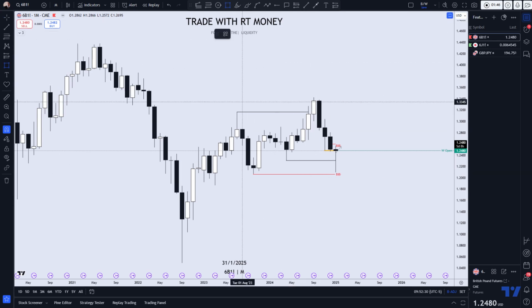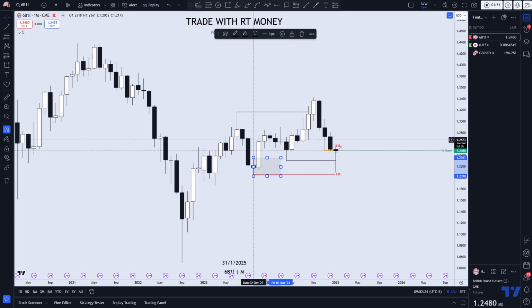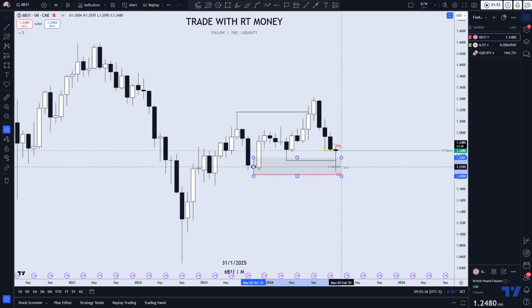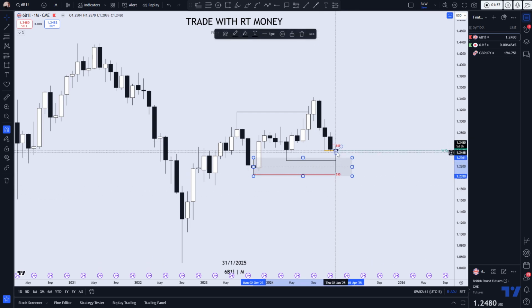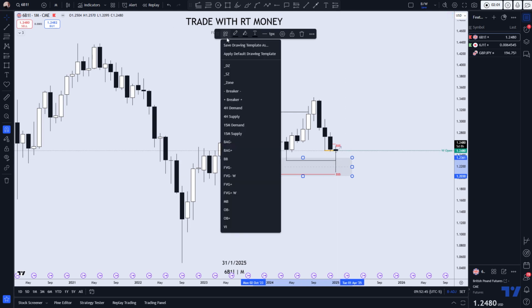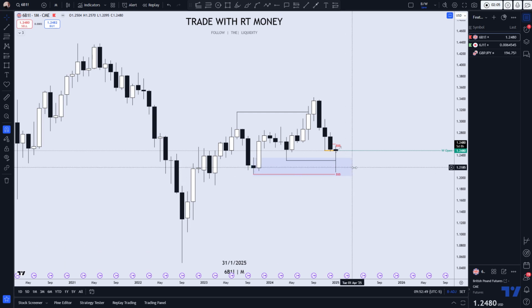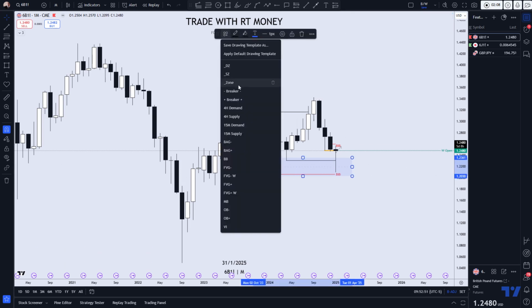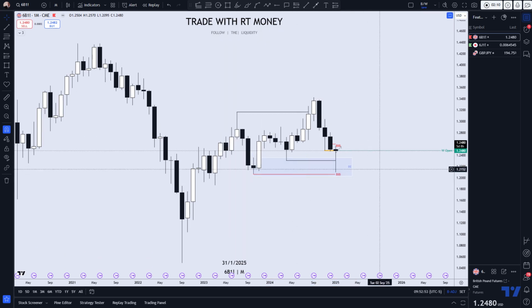The demand that I have here is at this low, and price taps into it, and you see the bullish response to it. Let me make sure this is right. That's not actually right, but we'll go with it. Demand zone.